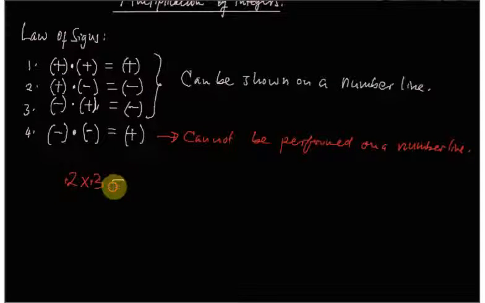We know here that the answer is 6, isn't it? So we can decide that we have groups of 2, 3 times, or groups of 3, 2 times, because 2 times 3 is the same as 3 times 2, right?